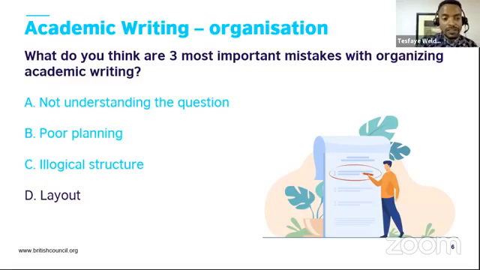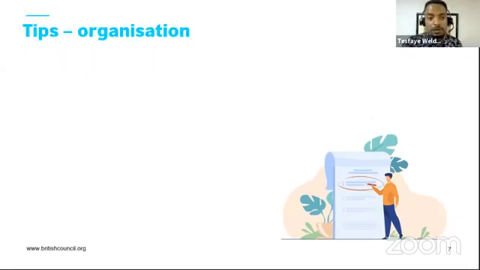If the writer understands the task, plans well and keeps a logical structure, the layout could be part of these three aspects, but it is also important. Let's look at them one by one and in more depth.